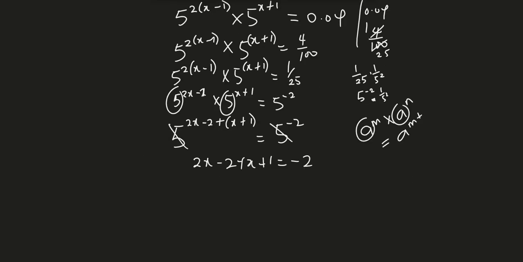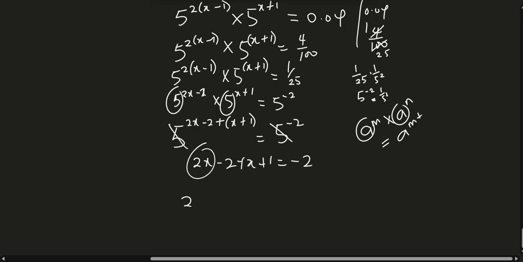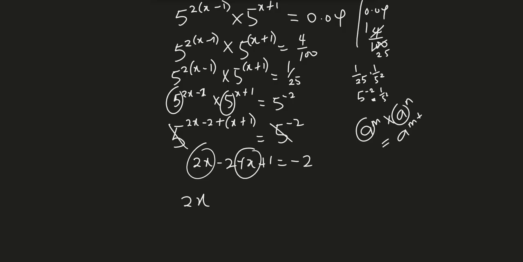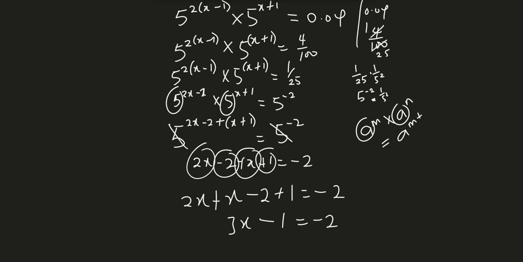Now let's collect like terms. We have 2x, and then we have plus x, and so we have minus 2, then plus 1 equals minus 2. So this becomes 3x minus 2 plus 1, that's minus 1, equals minus 2.